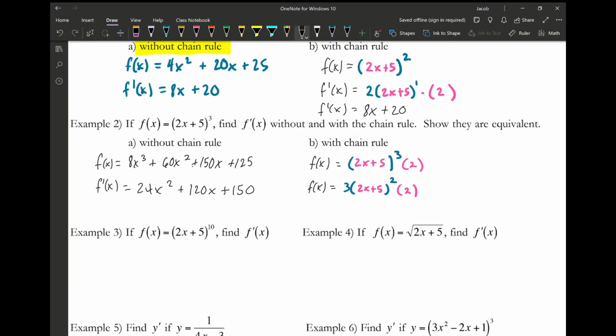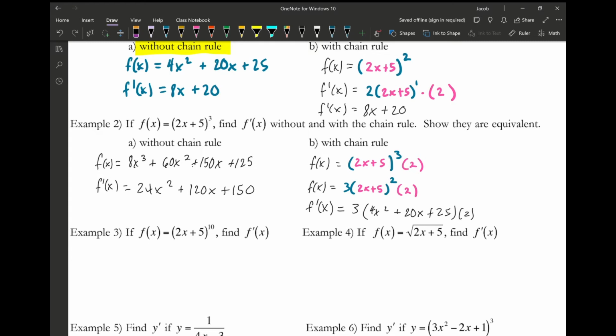So if we did the chain rule correctly, then we should see the same thing once we multiply it out some. So I'll have 3 times 4x squared plus 20x plus 25 times 2, and that's going to give me 12 times 2, which is 24x squared, and then a 60 times 2, which is 120, and then a 75 times 2, which is 150. So that will give me the same answer as what I found there on the left.